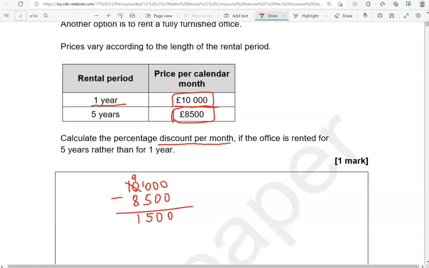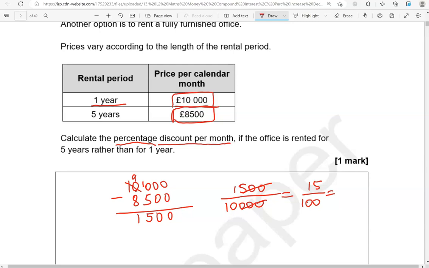What is that as a percentage? Because we're looking at the percentage. So it's 1,500 out of the original, the initial amount before the discount, which is 10,000. So out of 10,000, we can divide both numbers by 100 to give us 15 out of 100. Can we simplify this any further? We can divide both numbers by 5.